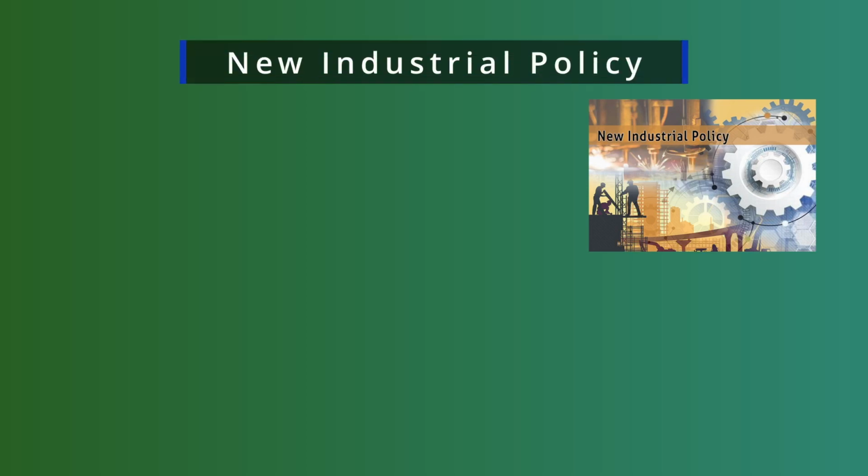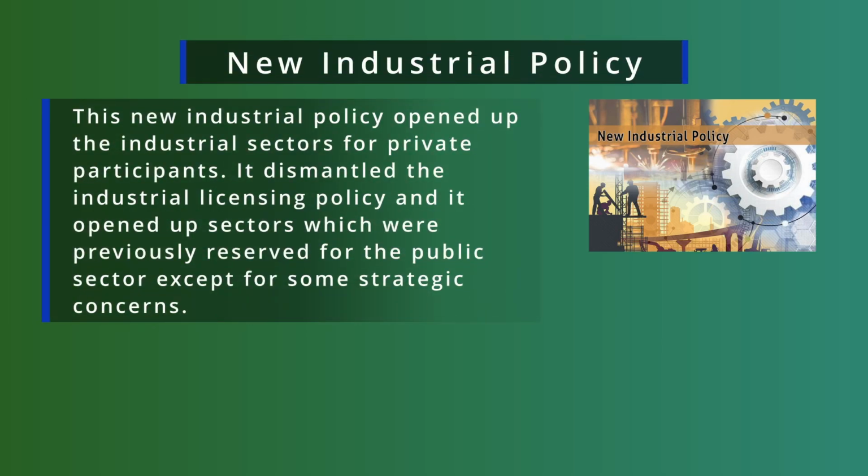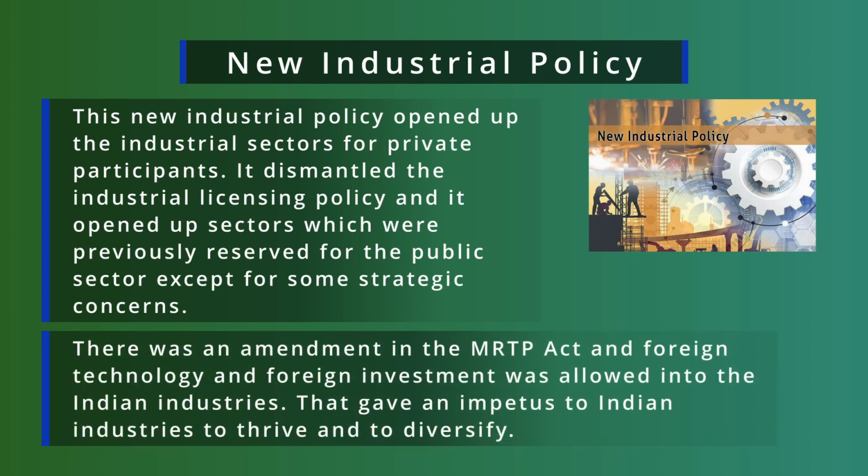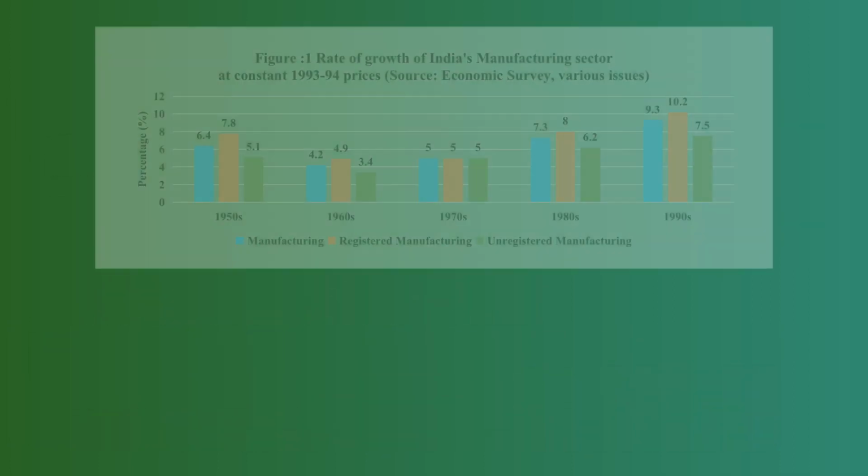This policy opened up the industrial sectors for private participants. It dismantled the industrial licensing policy and opened up sectors previously reserved for the public sector, except for some strategic concerns. There was an amendment in the MRTP Act, and foreign technology and foreign investment were allowed into Indian industries. That gave an impetus to Indian industries to thrive and also to diversify.